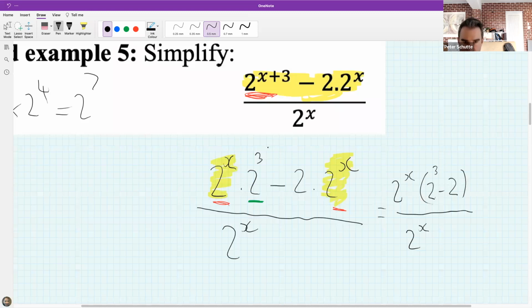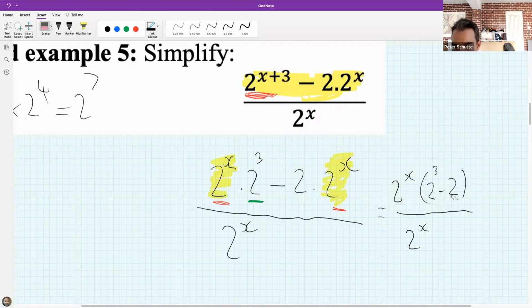So step 1 was to break apart one of the terms so that we could see a common factor, and that common factor was 2 to the x. So we took it out. Then we opened up a bracket, and in the bracket, we put whatever is left behind. So you can see now if I multiplied this out, I'd get 2 to the x plus 3, which is what I started with.